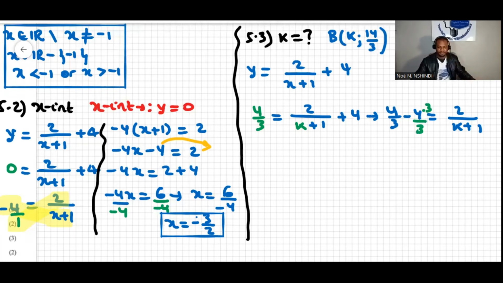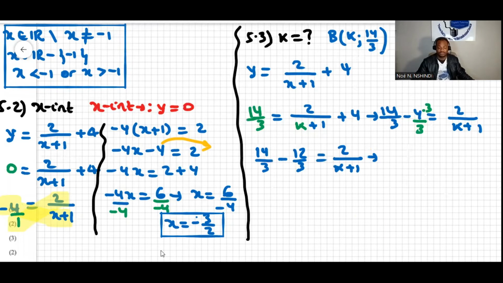Excuse me, I missed here. It's 14 over 3, not 4 over 3. 14 over 3. Okay, yes. So now this will become 14 over 3 minus 12 over 3 equals 2 over k plus 1.